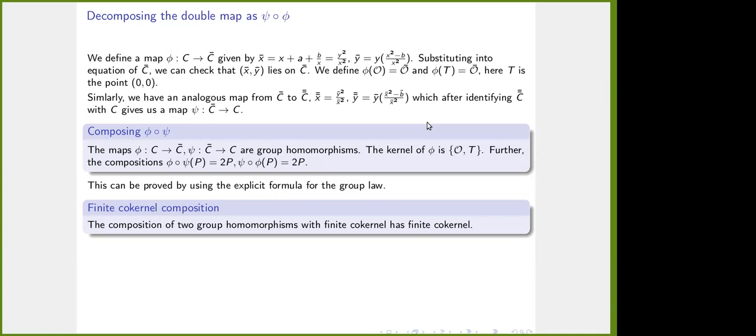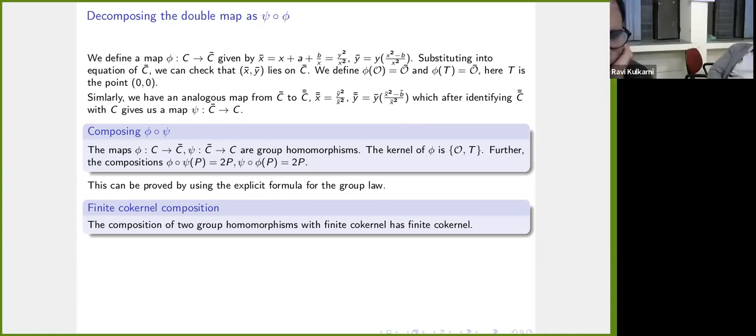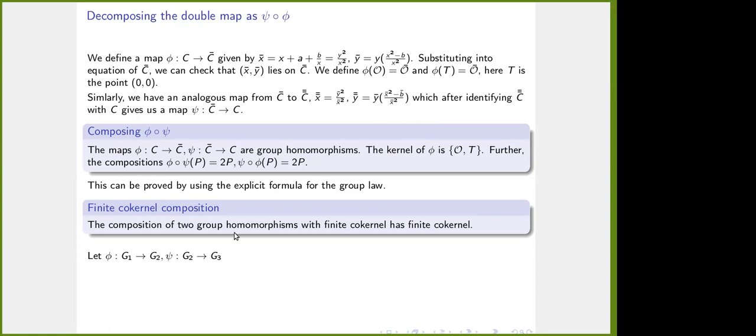Yeah. So coming back, let's assume that we have two groups, not even abelian groups, any two groups and any two maps. In this case, we are going to use phi equal to this and psi equal to this, but this is true for any two groups. So suppose the image of phi has finite index.